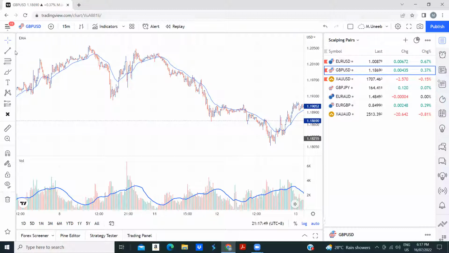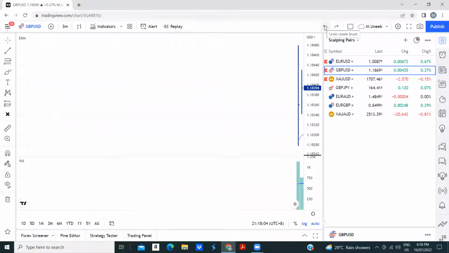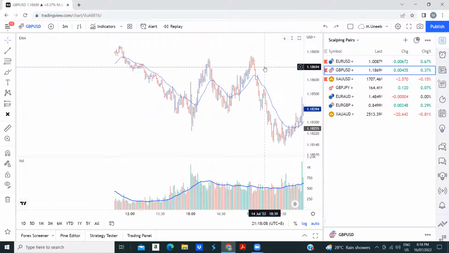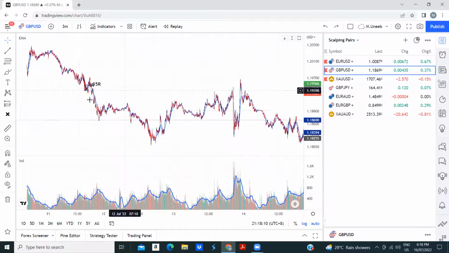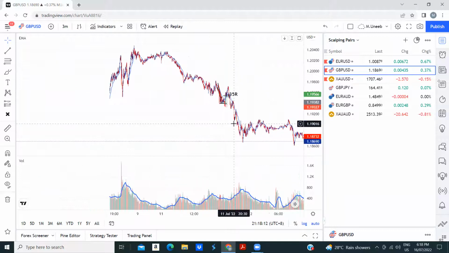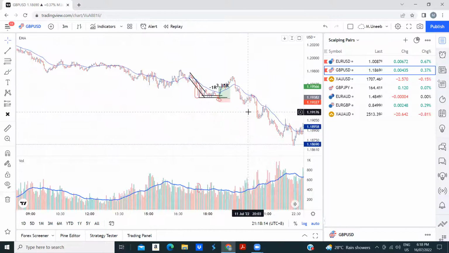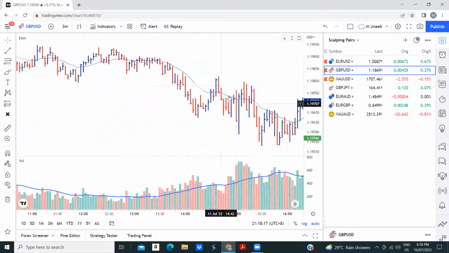Can you explain again why you draw the overnight session low for the London setup? Where is it? This one. Yeah, for the London.